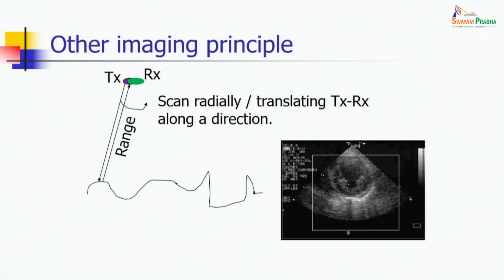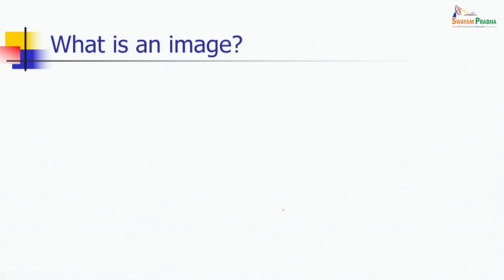Ultrasound images are one example. Here I have shown one of the echocardiogram frames, where the heart's chambers are displayed. Your ultrasound is transmitted and travels through the heart tissues, and at various stages it is reflecting. Each reflection gives the distance of that point, and the amount of reflection also gives certain tissue properties.